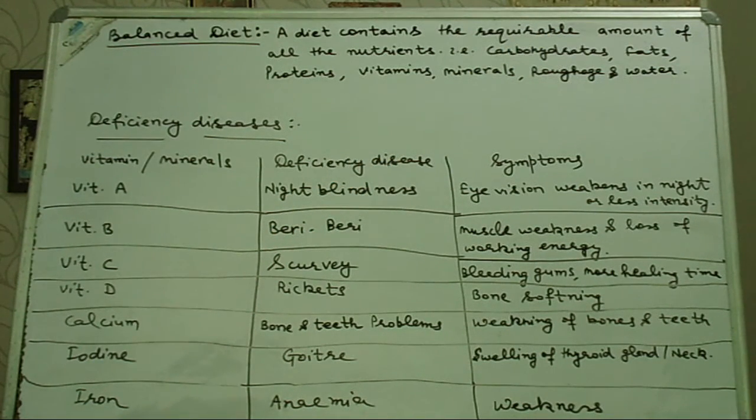Similarly, at lunch time, we can change the pulses on a daily basis. We can change some vegetables, and we can take chapati as well as rice at lunch time, and we can take curd also. But most commonly, curd is said to be taken in the morning time. It is more suitable to take curd then.